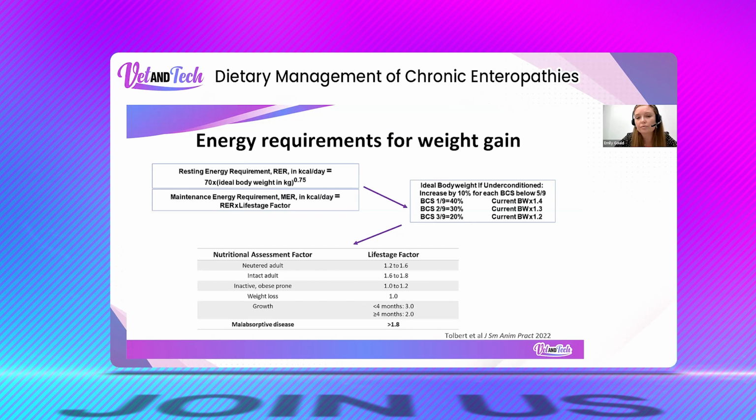So a BCS of 3 out of 9, which is 2 points under ideal if ideal is 5 out of 9, you would increase by a factor of 20%, whereas if it's 2 out of 9, you increase by 30%, and so on and so forth. Then you use that body weight to plug into these calculations.